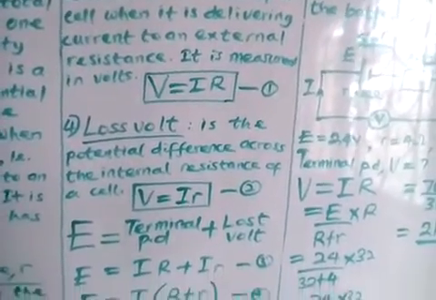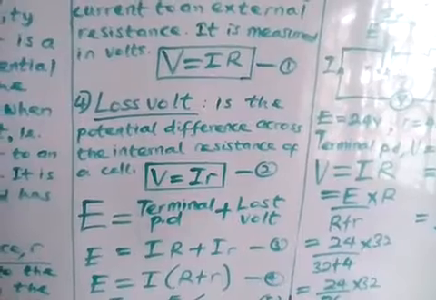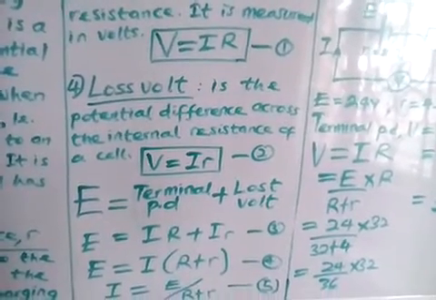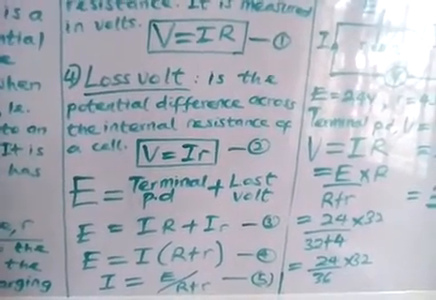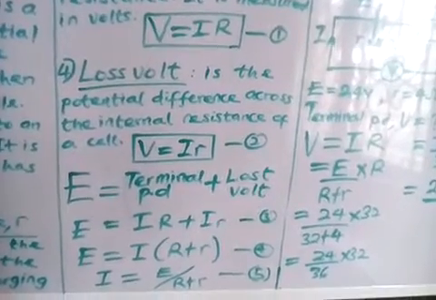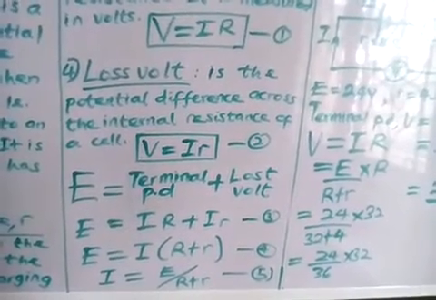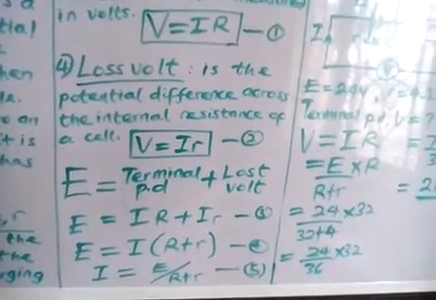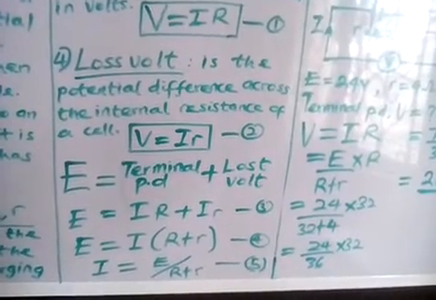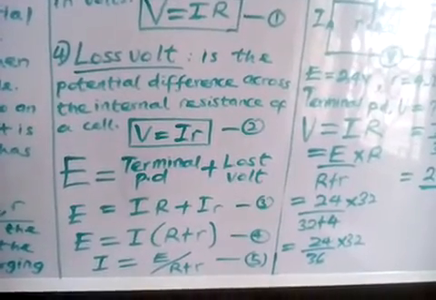Now, mathematically, we have our electromotive force E equal to the sum of the terminal PD and the loss volt. What is our terminal PD? Terminal PD has a formula of IR. Then plus, what is the formula for our loss volt? I small r. From there, I is common to both.